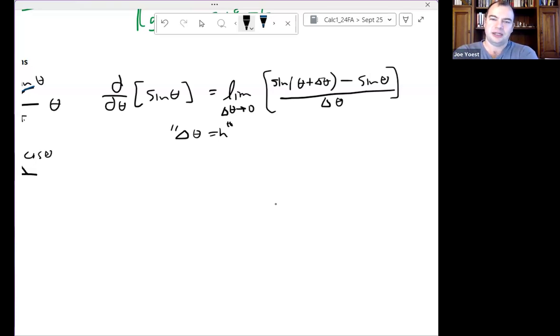Okay, so what do I want to do here? I don't think adding and subtracting the same thing is going to help a ton here. But I want to look at the sine of the sum of two angles. I actually have a formula for this.